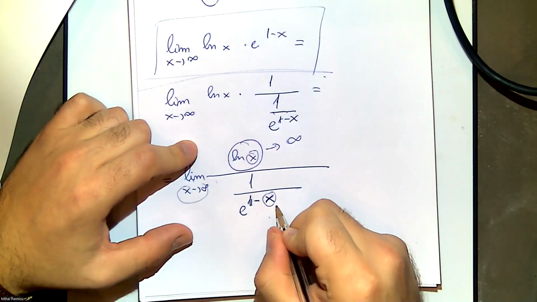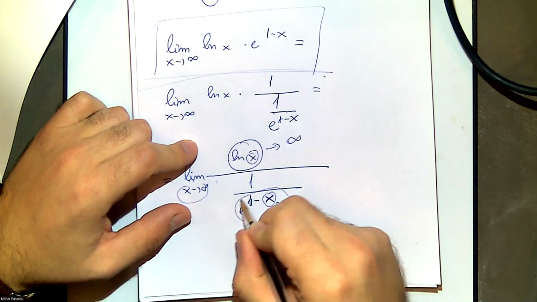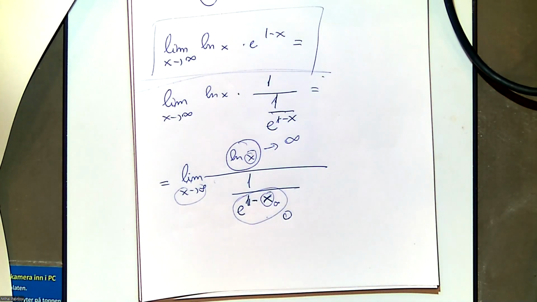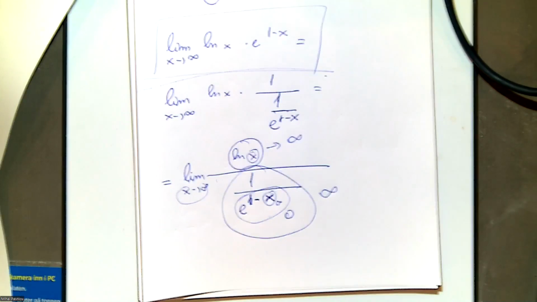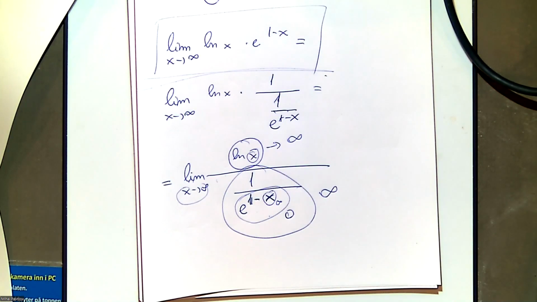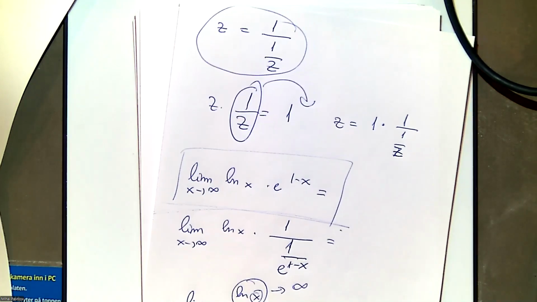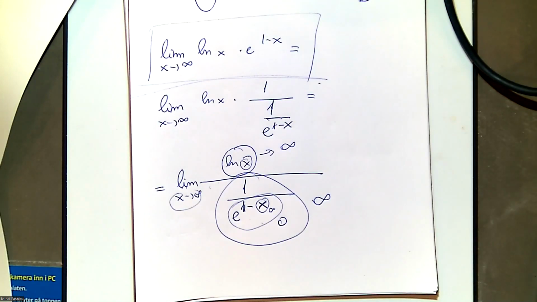When x goes to infinity, this goes to 0, and 1 over 0 goes to infinity. So as we see, this product was just this infinity over infinity thing in disguise for us. That is the idea.